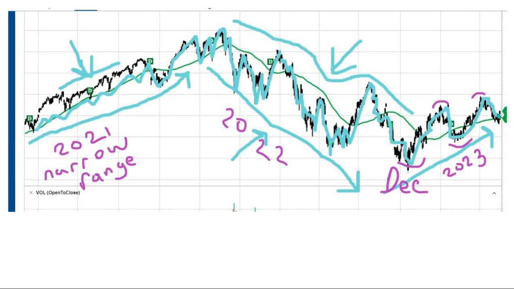So this looks very positive to me, not only buyers slowly pushing this market up, but also sellers not so willing to push the market down, and a narrowing of the range, much narrower than this range. So that is why we've seen a decrease in volatility in 2023.